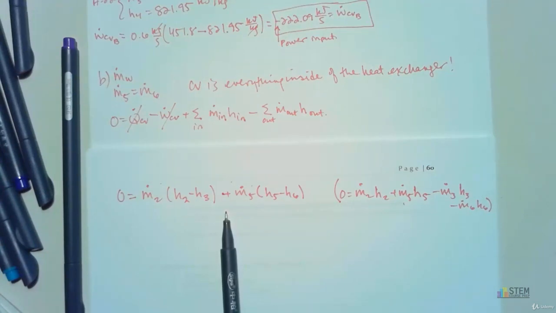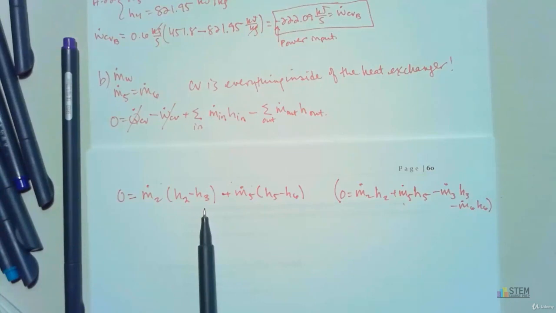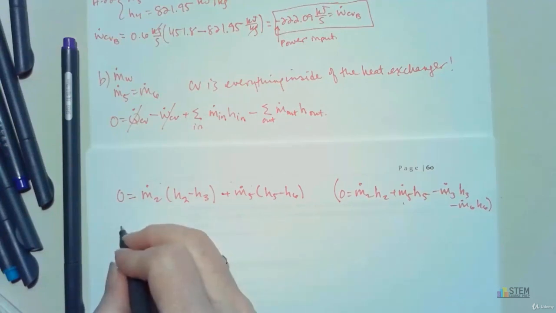Now that we have that, let's go ahead and see what we need next. Now we already found H2 and H3. We don't have H5 and H6 yet. We need to find those. Let's look at those.